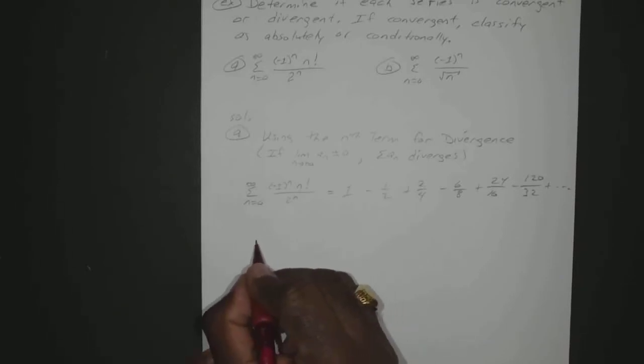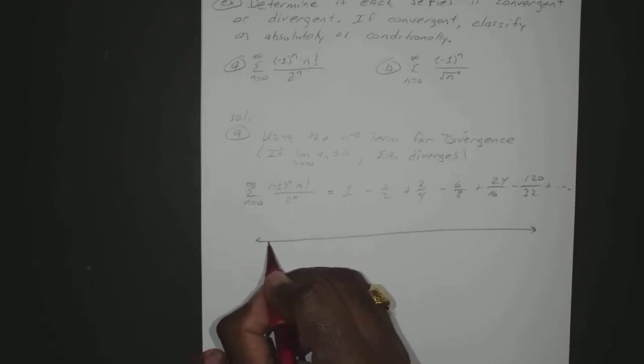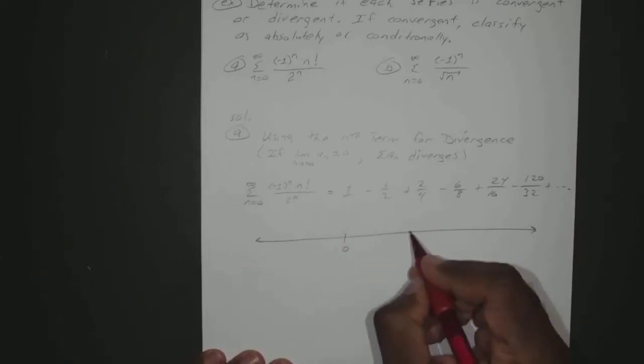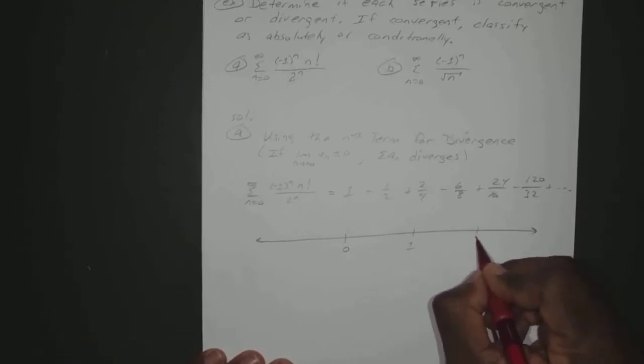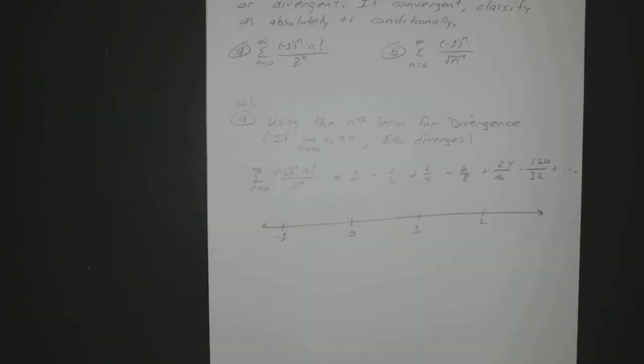Okay, so if we put that on the number line, let's say we have our 0 here, our 1, our 2, negative 1, and take it back to negative 2.